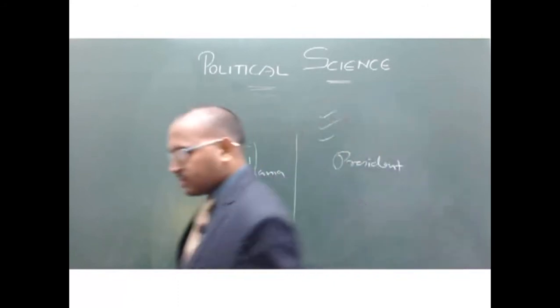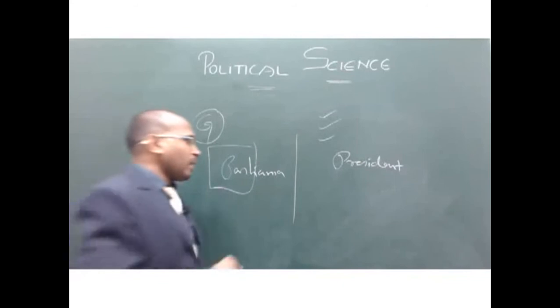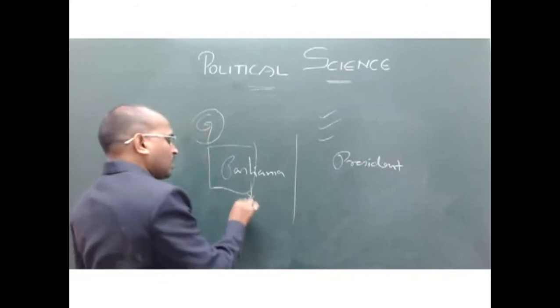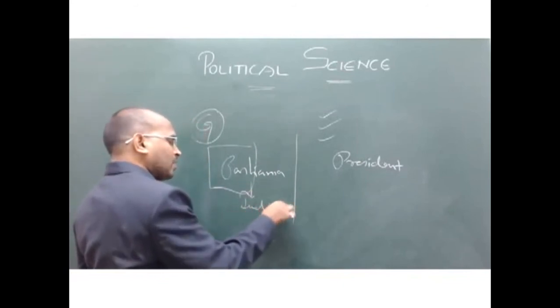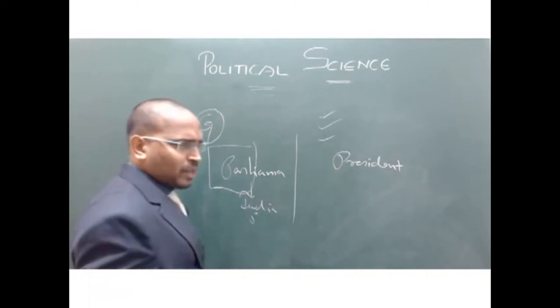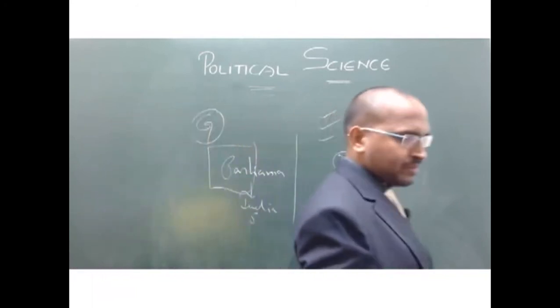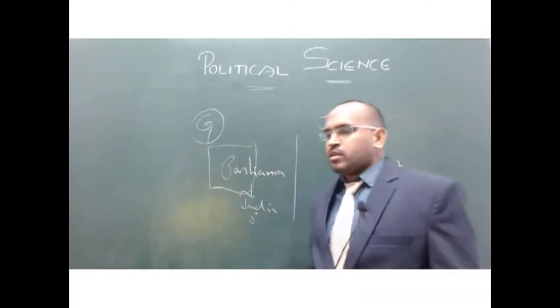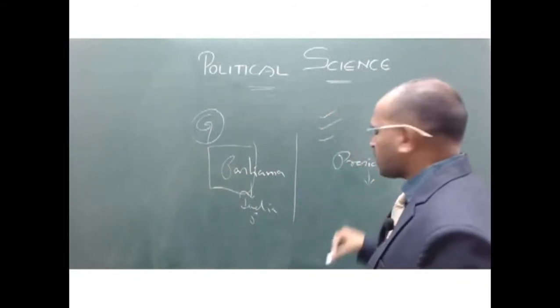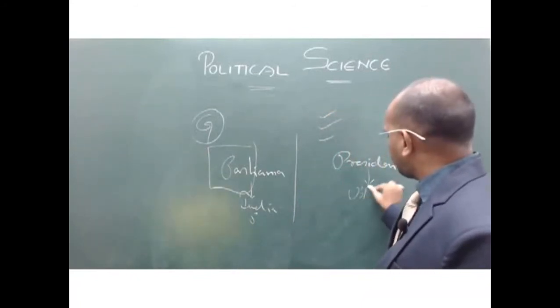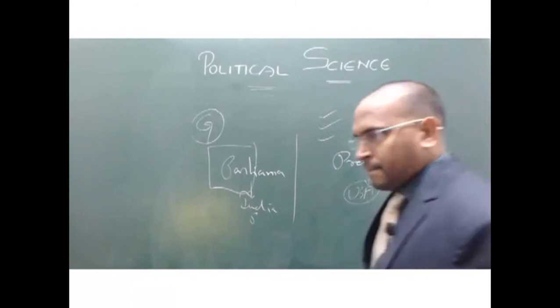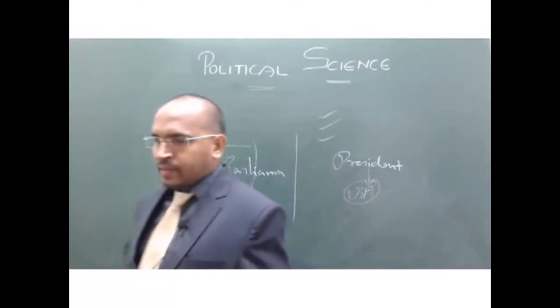Give me one example. Parliamentary: India, Pakistan, all these countries are parliamentary governments. Presidential type: the US, USA, is a presidential type of government.